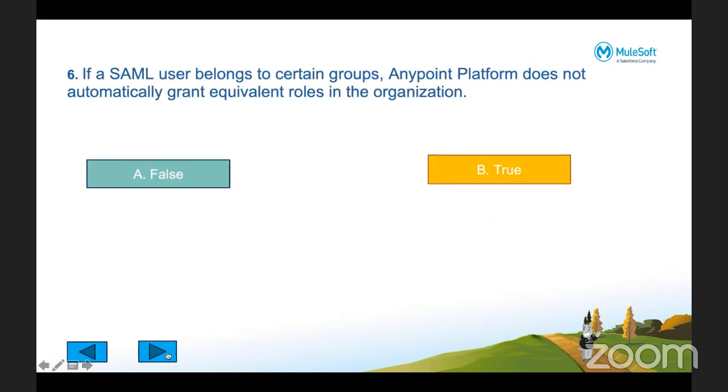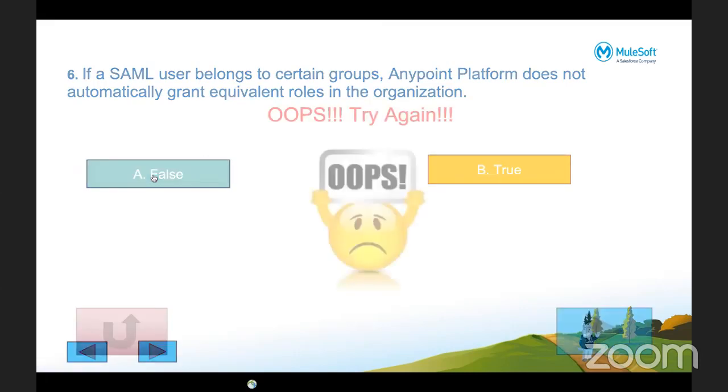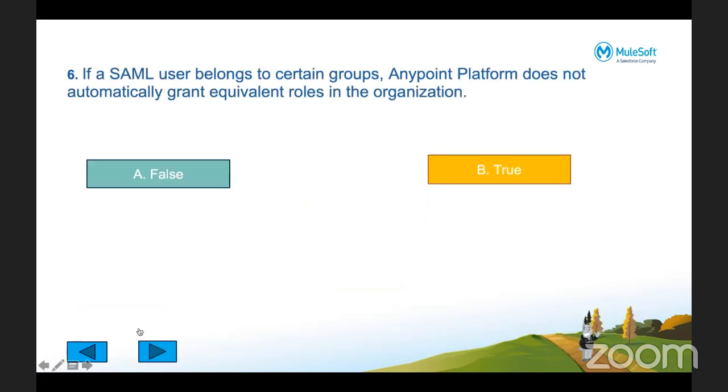If a SAML user belongs to certain groups, Anypoint platform does not automatically grant equivalent roles in the organization. Okay, I am assuming the first D was for the previous one, but probably Yusuf starts with A as false. Oops, sorry. This is something which we have discussed earlier.